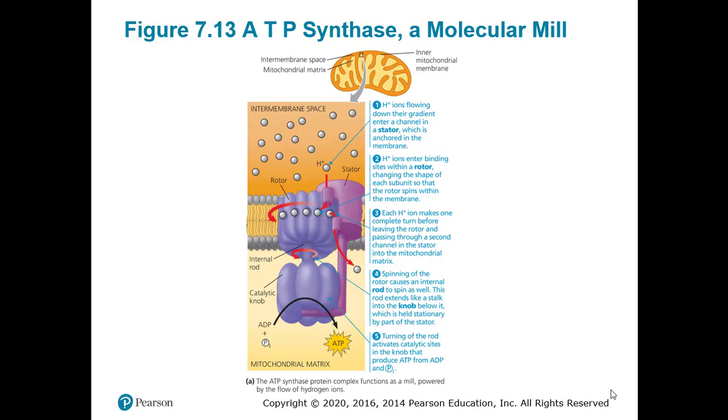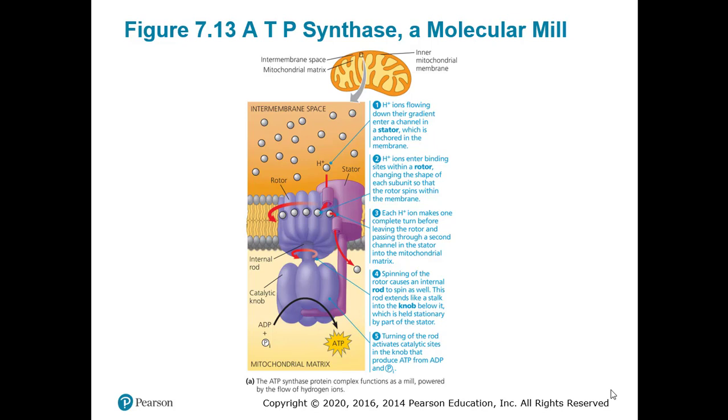When it does that, it changes the shape, which causes the rotor to spin one time. And every time a hydrogen ion makes one complete turn, before it leaves the rotor, it'll leave through the secondary channel.